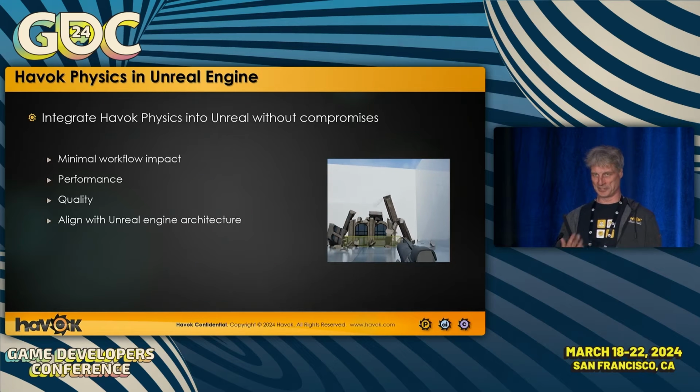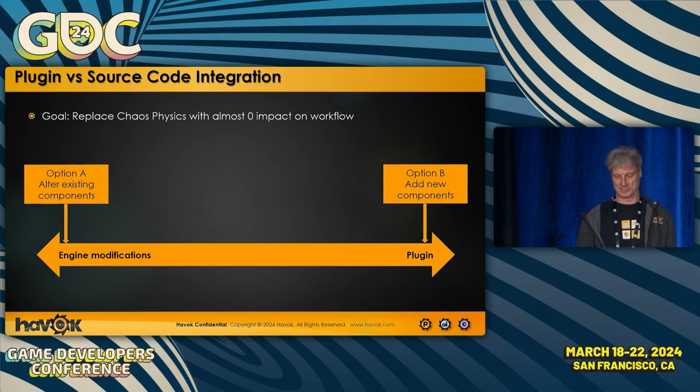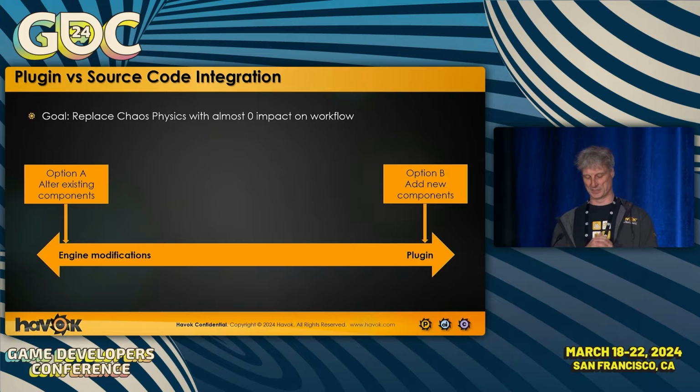When you're doing this Unreal integration, and I'm just repeating the slide that Marcel showed, there are two choices. You have the plugin choice or the source level integration. A plugin means that you bundle your code into components, you bundle data and code together and inject it into Unreal. But we just wanted to replace the Chaos simulation but keep the data flow.